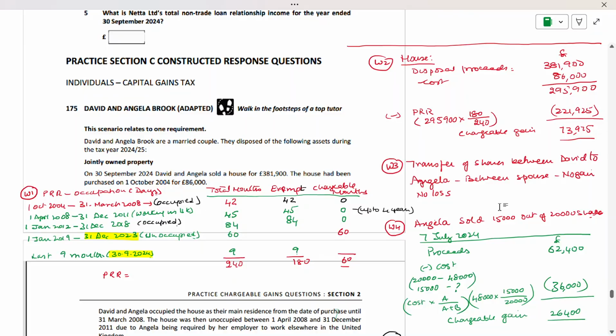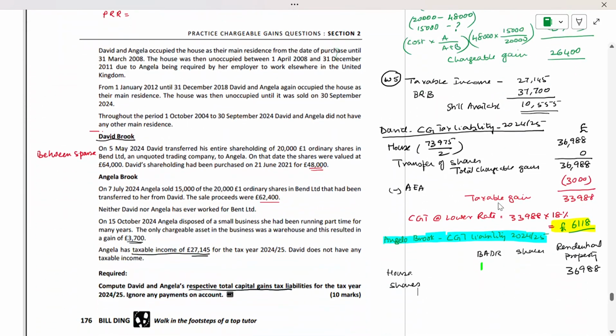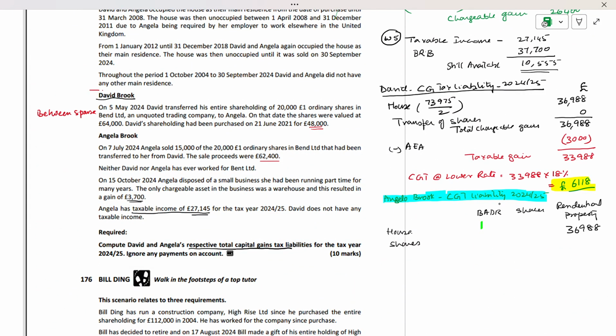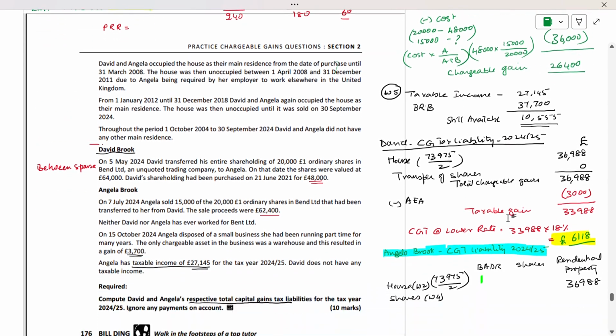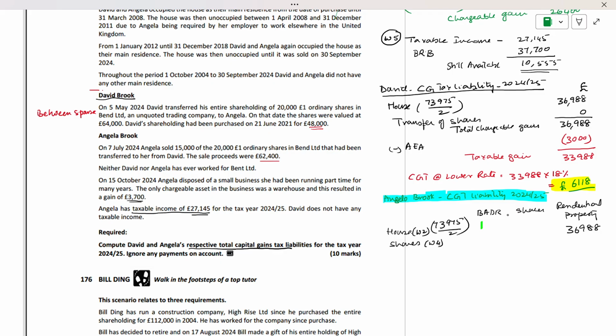House is working 2: 73,975 divided by 2. Shares are working 4. How much is there? 26,400.